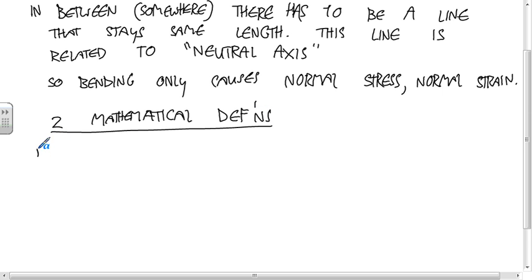The first one is the neutral axis. So find the centroid of the cross section.